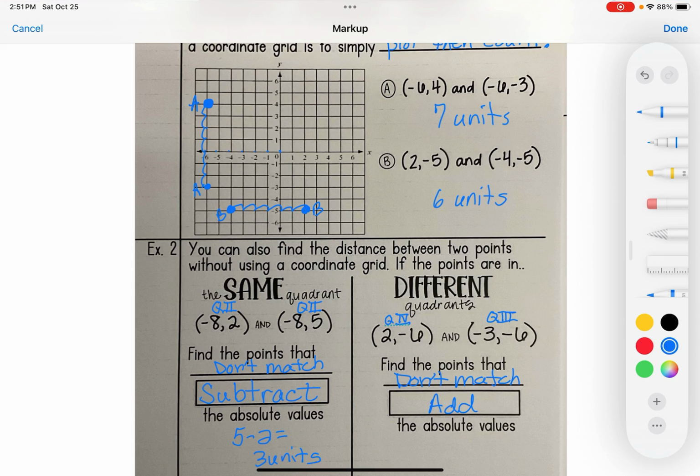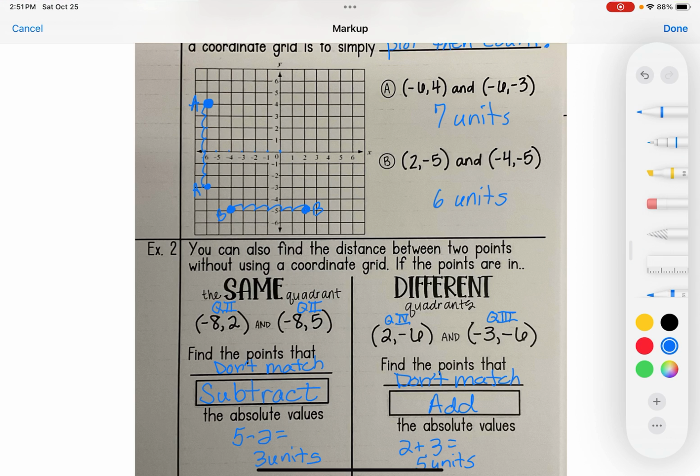So the ones that don't match are the 2 and the -3. And again, I'm adding the absolute value. So I've got 2 plus 3 equals 5 units. So I'm not doing 2 plus -3.